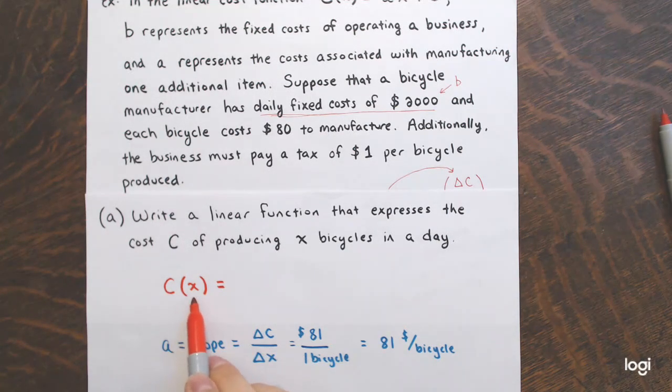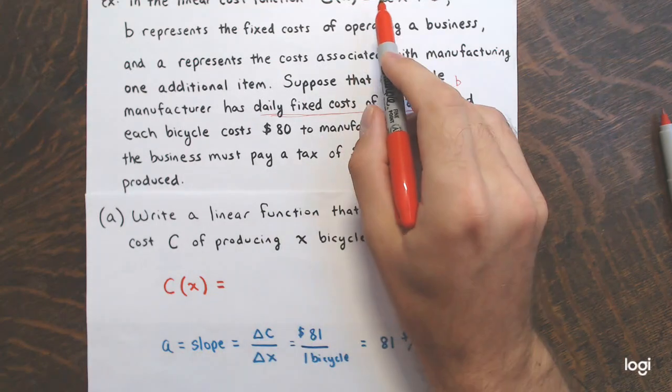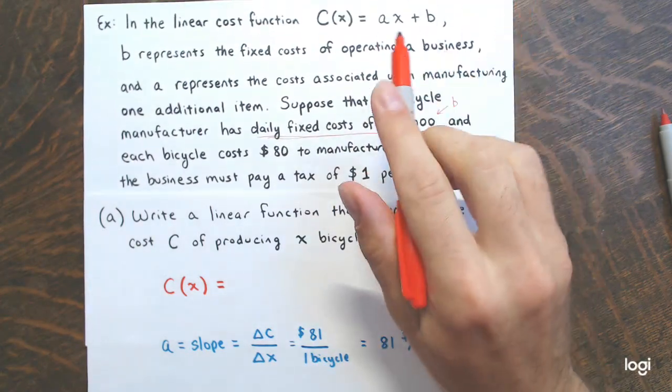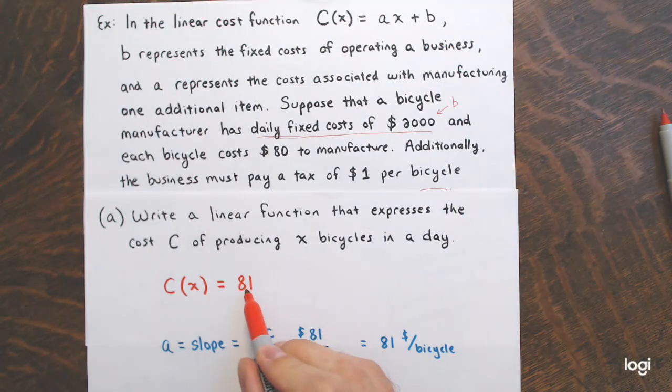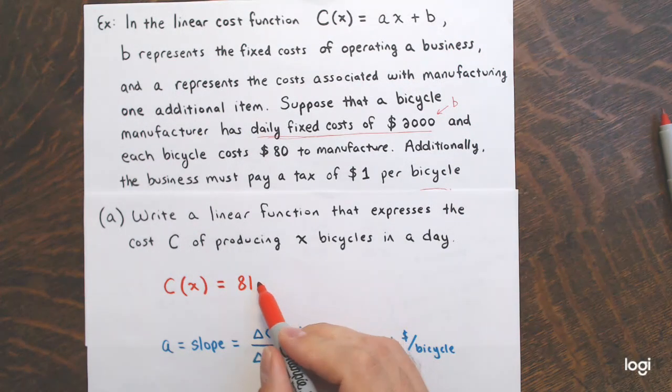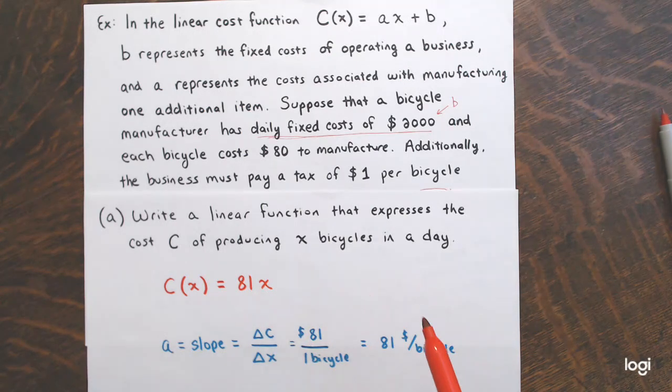the cost of producing X bicycles is, I'm replacing A here with 81. Right? This is $81 per bicycle, and then that gets multiplied by the number of bicycles. So can you see how that would get rid of bicycles? If I take dollars per bicycle, dollars in the numerator, bicycles in the denominator, and multiply by the X bicycles being produced, bicycles would have a unit cancellation and you'd be left with dollars.